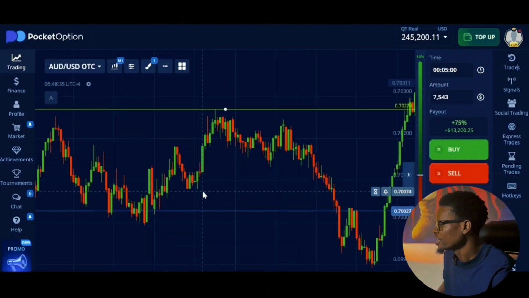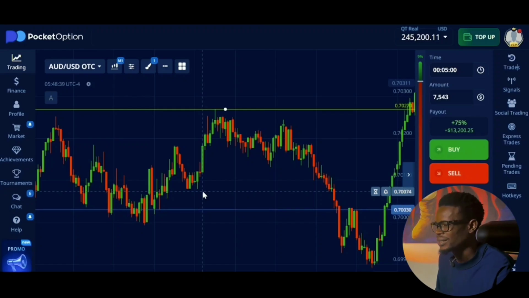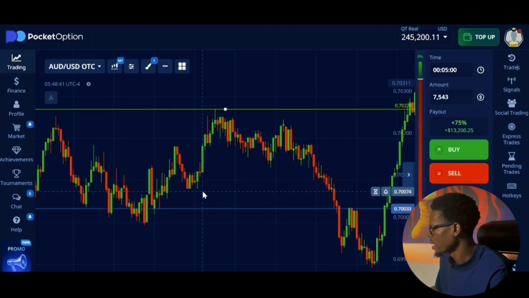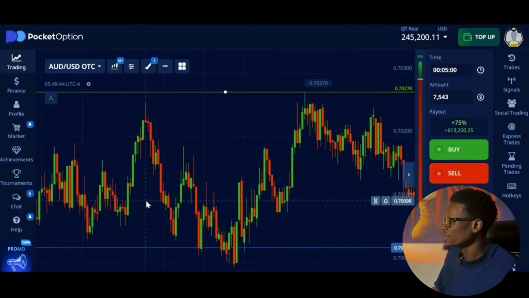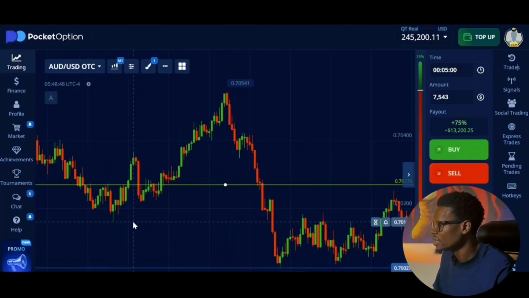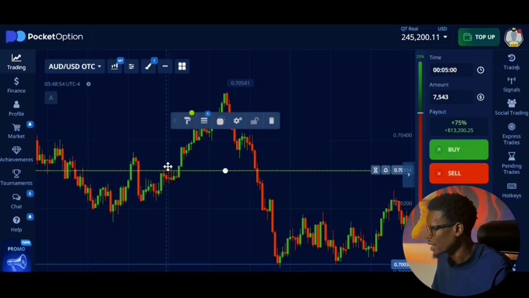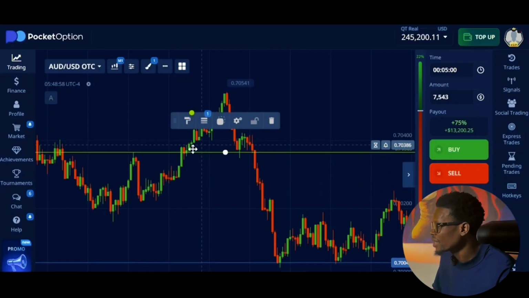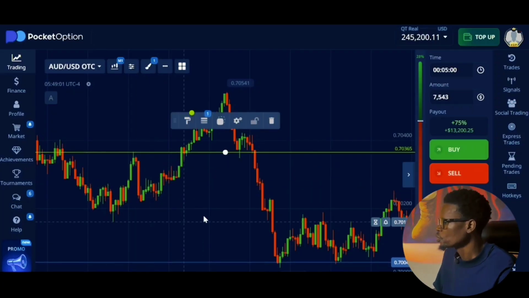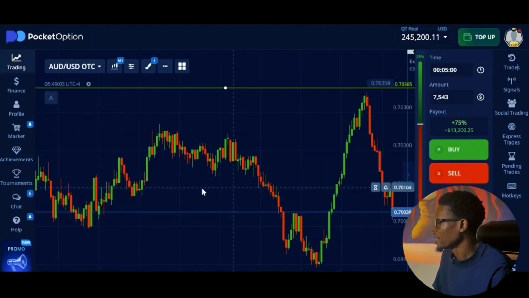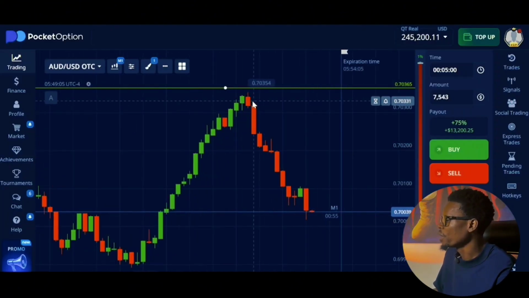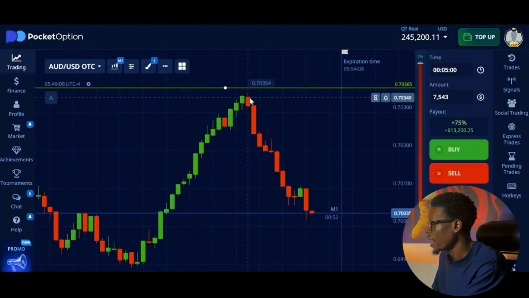Now the beautiful thing about trading a setup like this is that you just have to follow the market until you find an area that has the potential of reversing the market. So when this area failed, I had to move back in the past to see the next level that has the high potential, and this became the level that I could trust. So I moved this horizontal level and I had it right here, guys. Before I came back, I found out that this area is where it will reverse the market and this candle had already closed.